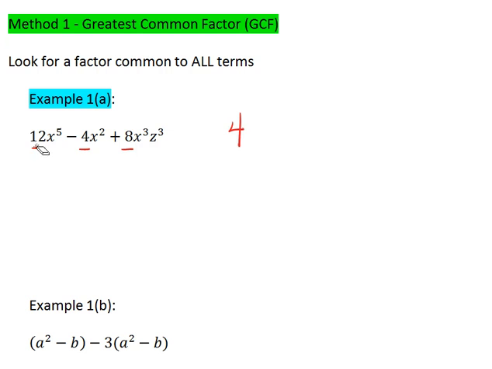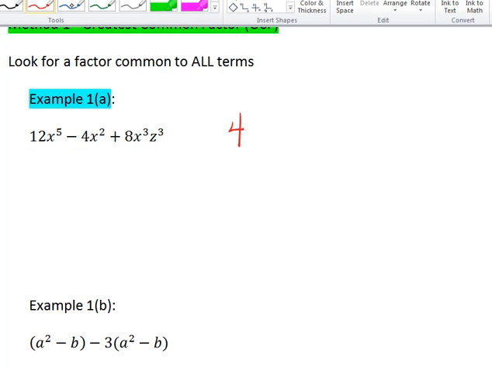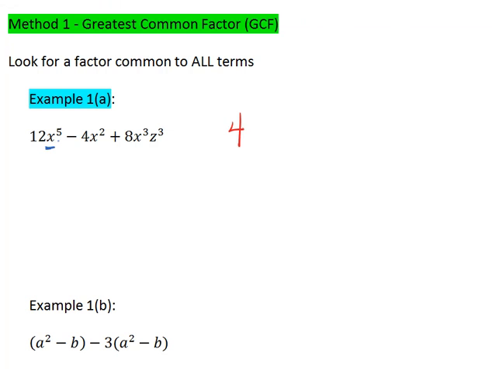Next, we want to look at the variables one at a time. The first variable we'll look at is x. Since x appears in every term, we know that x is a factor. But we have to figure out how many x's we can factor out. So we look at the exponents of 5, 2, and 3.